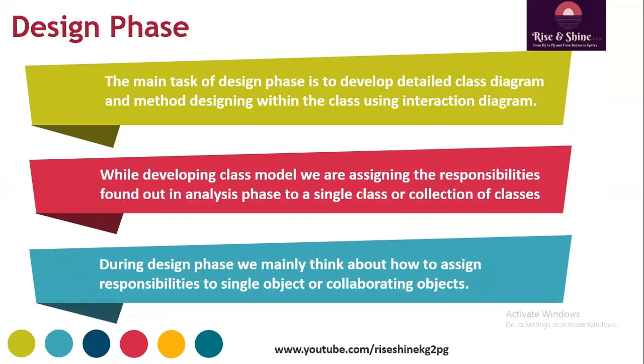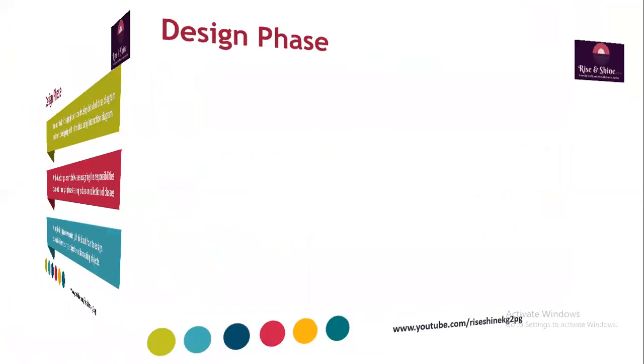So during this design phase, we mainly think about how to assign responsibility to a single object or some collaborating responsible objects. That is, this whole design phase is driven by this assignment of responsibility to particular classes or to a particular group of classes.